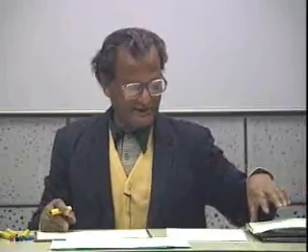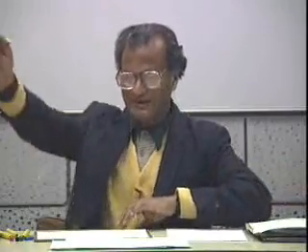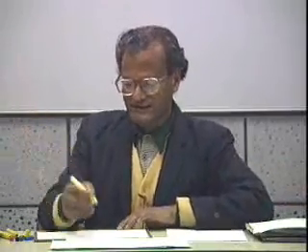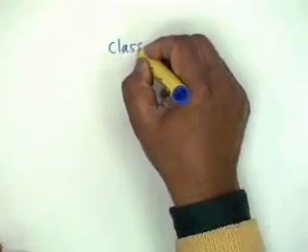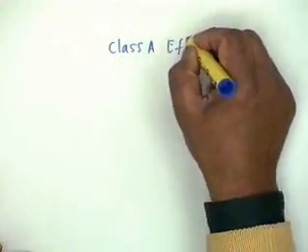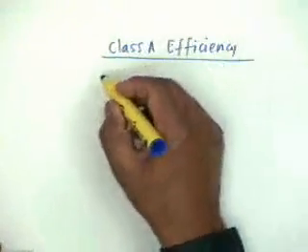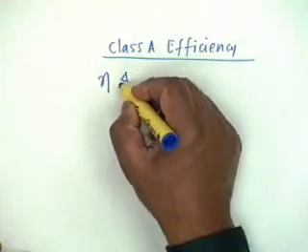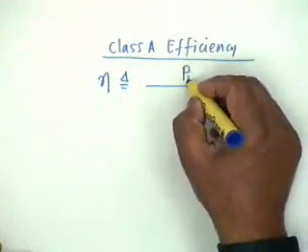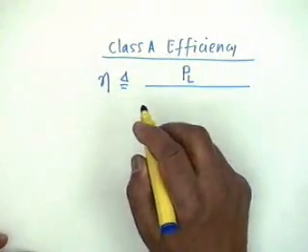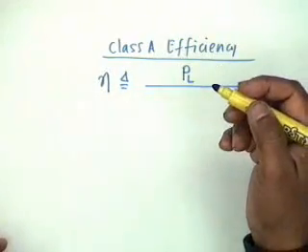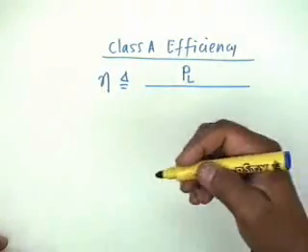Okay, with all these now, let's look at the efficiency that a class A power amplifier can give. Efficiency, as I already told you, is defined as the average load power, PL. The load power will be a function of time, V0(t) multiplied by I0(t). You have to take the average value over one cycle.